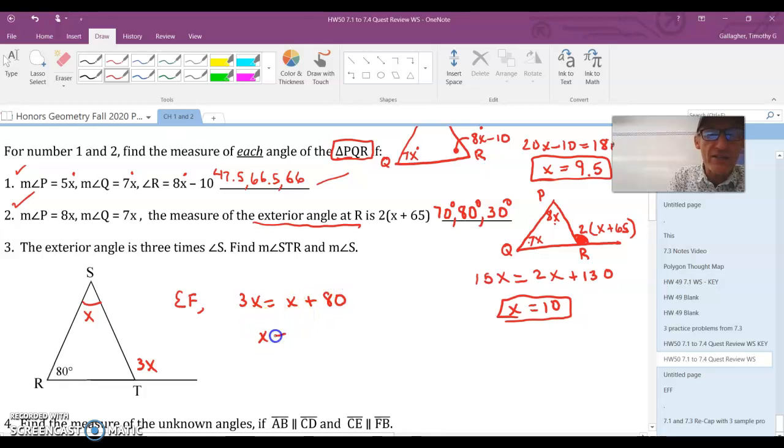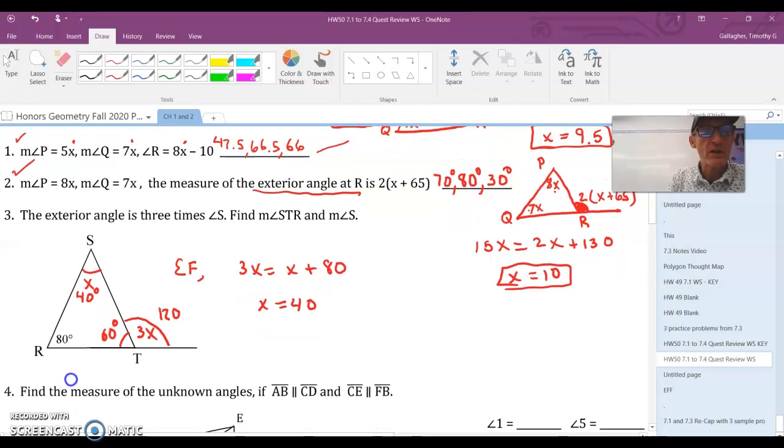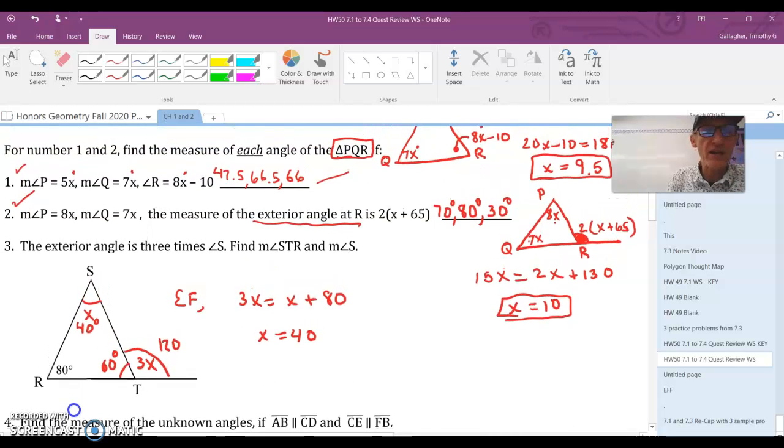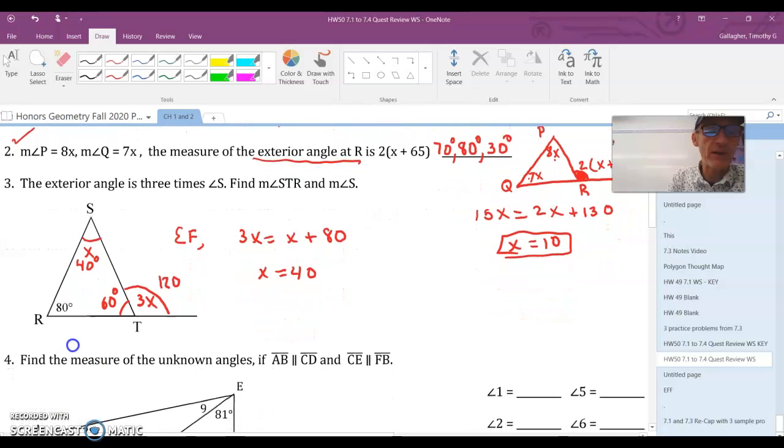So here, x equals 40. So this angle is 40. This angle is 80, that's 120. Now that makes this angle 120. And this angle 60. Okay, so there we go. There's how you apply a couple of theorems that we talked about.